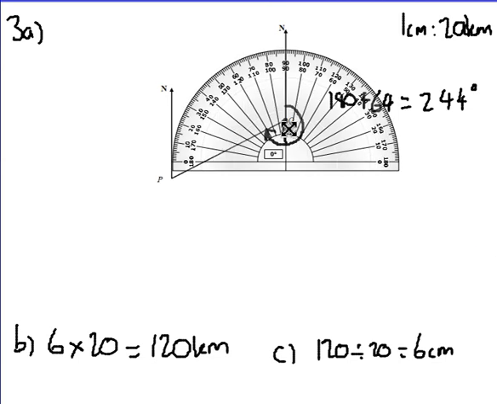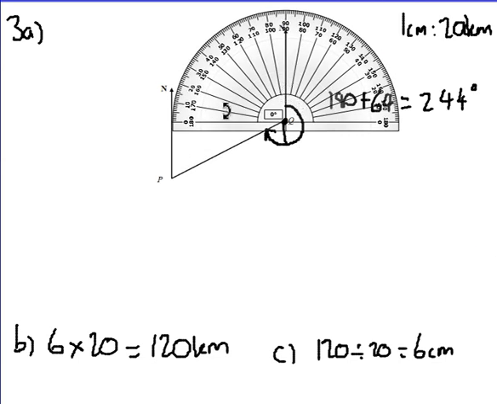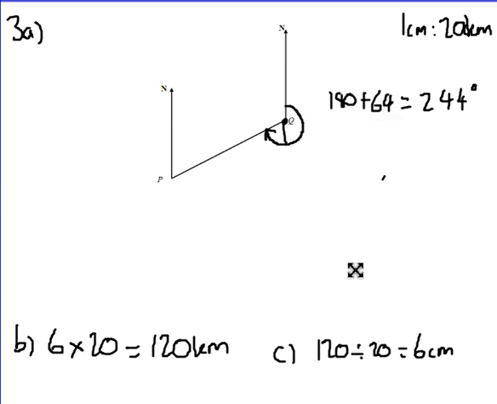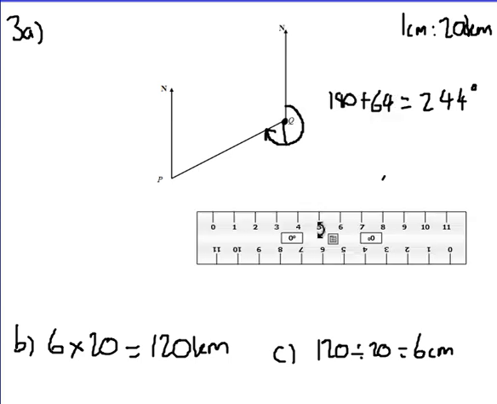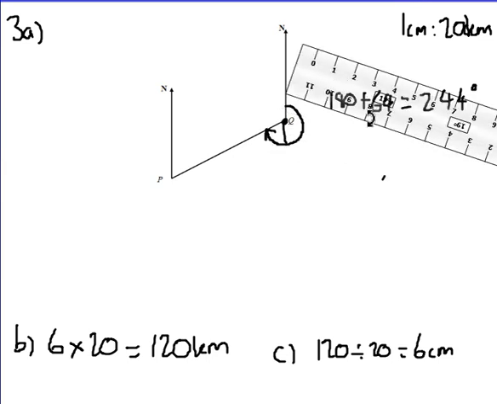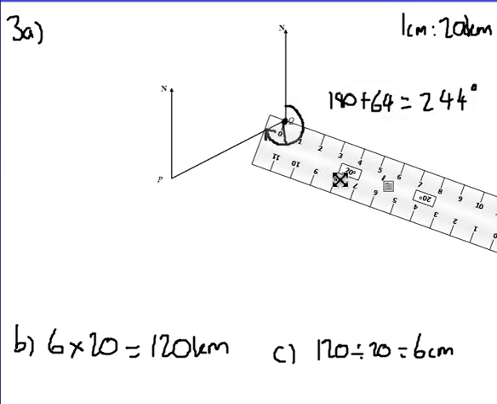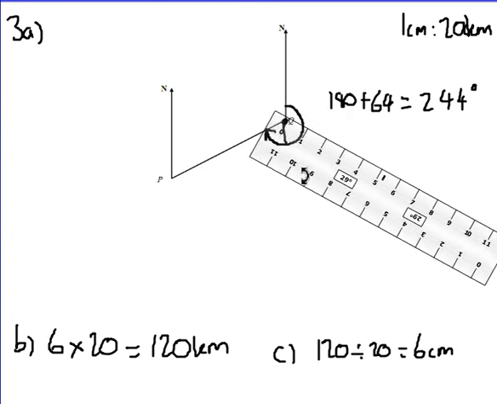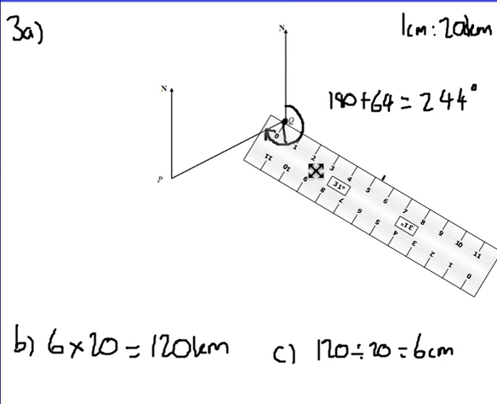So we get our protractor, go from Q, make sure we're going to the north, measure, or put a mark at 120 there, and then we need to get a ruler and measure the distance from here to here to make sure that it is 6 centimetres.